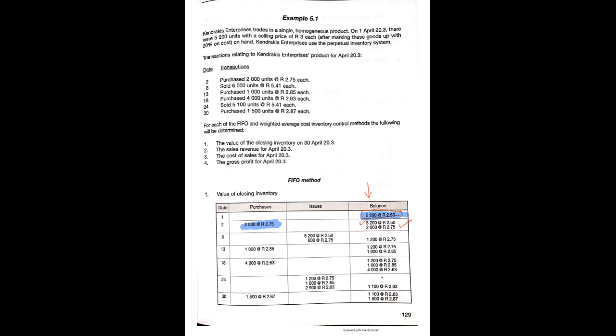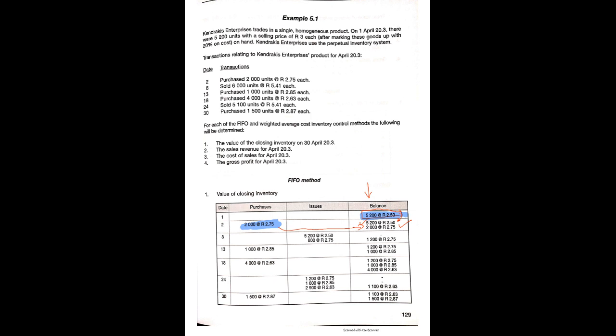We haven't sold anything off yet. And then now we newly purchased 2,000 at 2.75. So again, this needs to be noted. So you're going to have the 5,200 at 2.50 and 2,000 at 2.75.